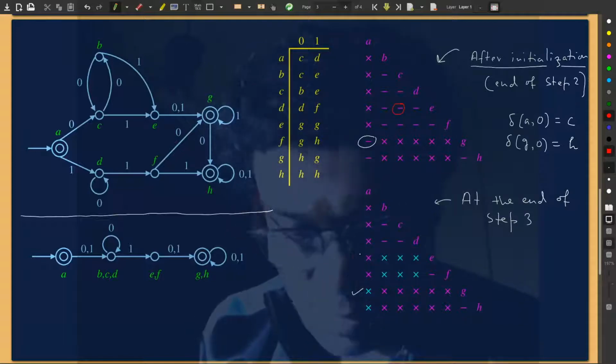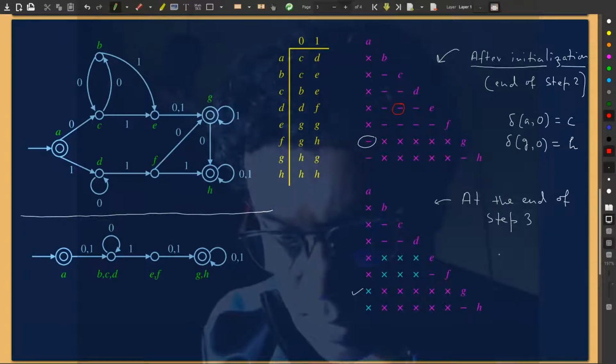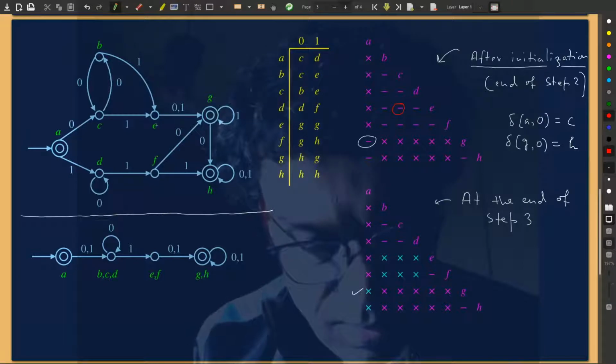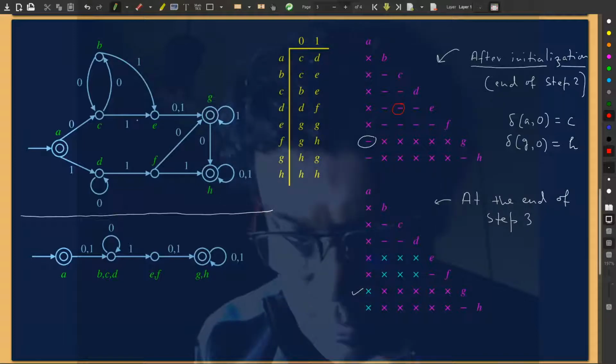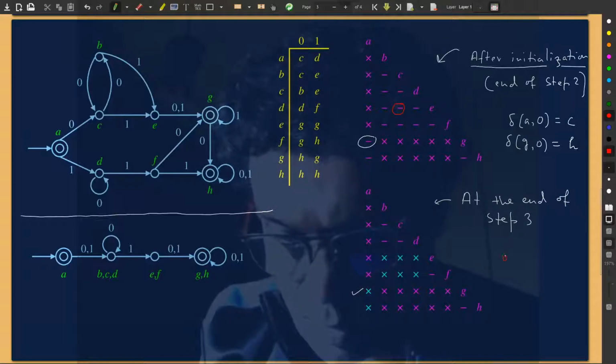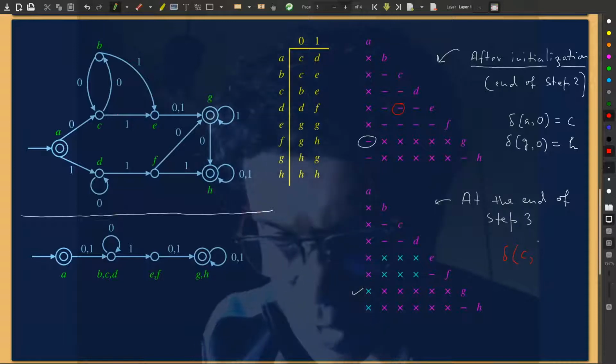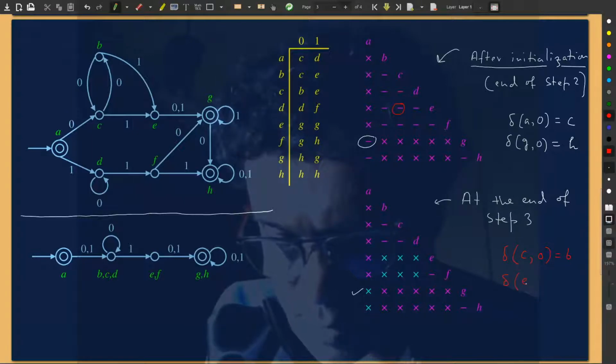CE. And then let us see what happens. C and E. Let us look at delta C0, which is B, and delta E0.